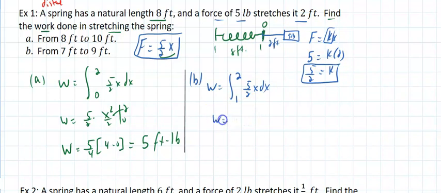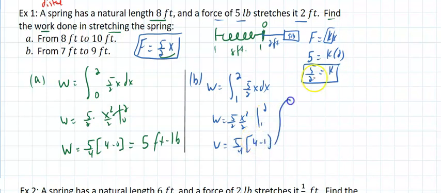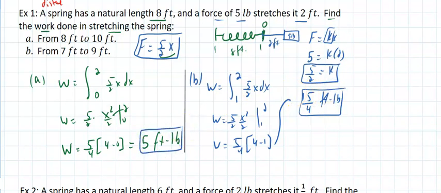So work would be 5/2 x squared over 2. We already figured that out. That would be 5/4 into 2 squared, which is 4, minus 1. And that would be 15/4 foot-pounds. And there it is. Really not that bad at all.